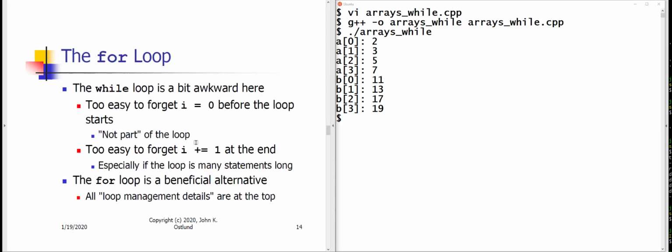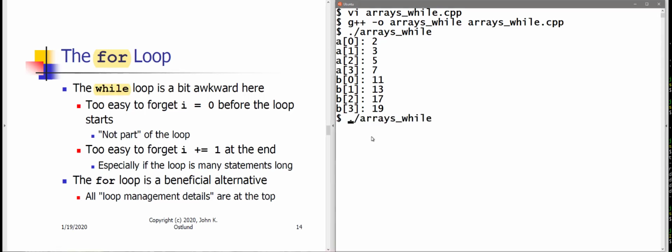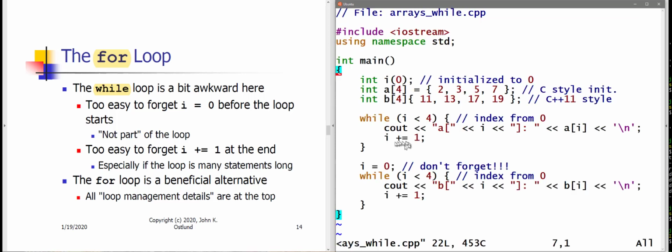Next up, we're going to introduce the for loop, which is more commonly used for purposes such as iterating through the items within an array. The while loop is a little bit awkward because we need to do the initialization of the loop control variable before the loop starts, and we need to do the increment of that loop variable at the bottom of the while loop.